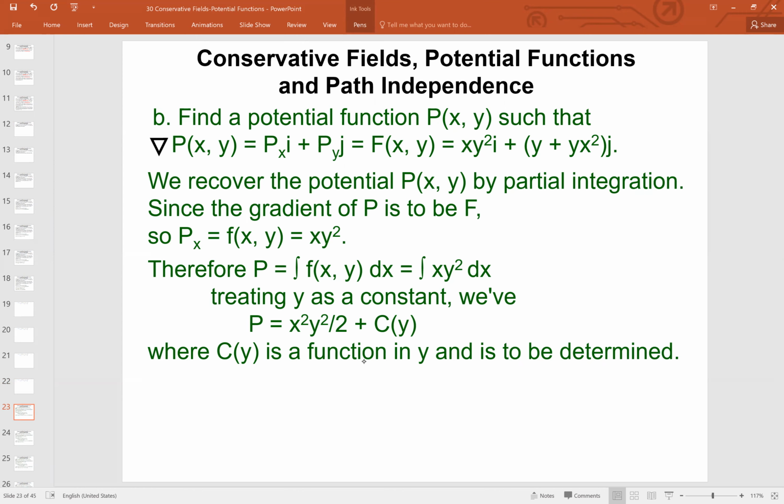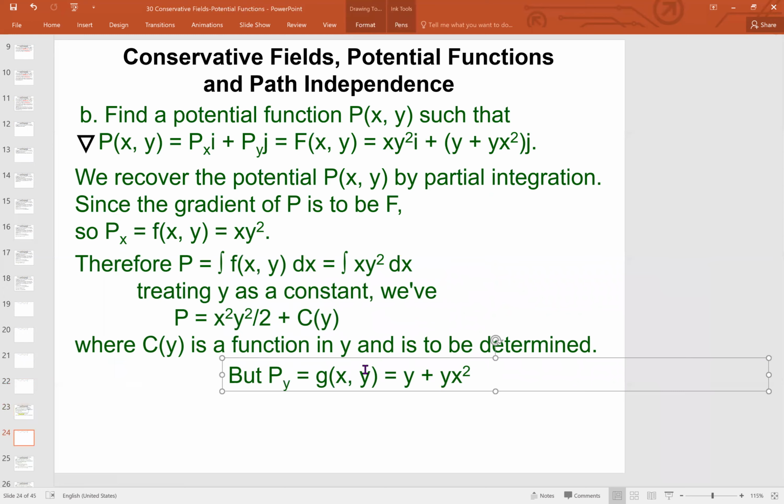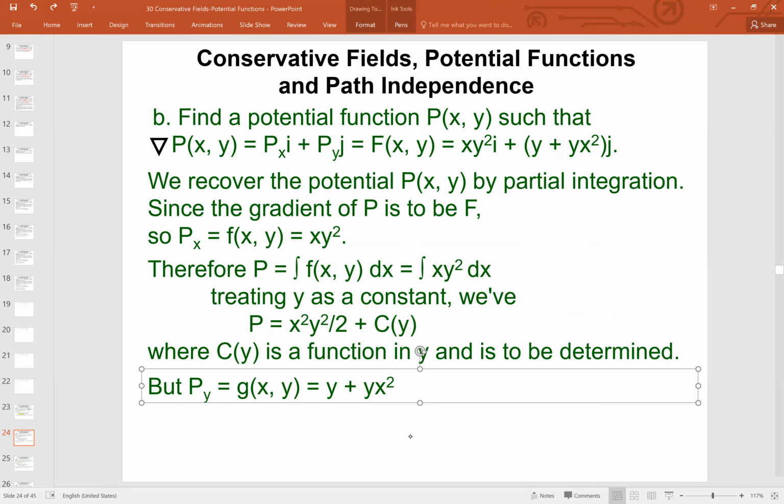Now I know partially what this potential function p looks like. Remember this gradient is the field F. So if I take the partial derivative with respect to y, I should get the j component. So therefore, I'm going to look at the j component of the field F, and that's supposed to be equal to the partial derivative of this with respect to y.